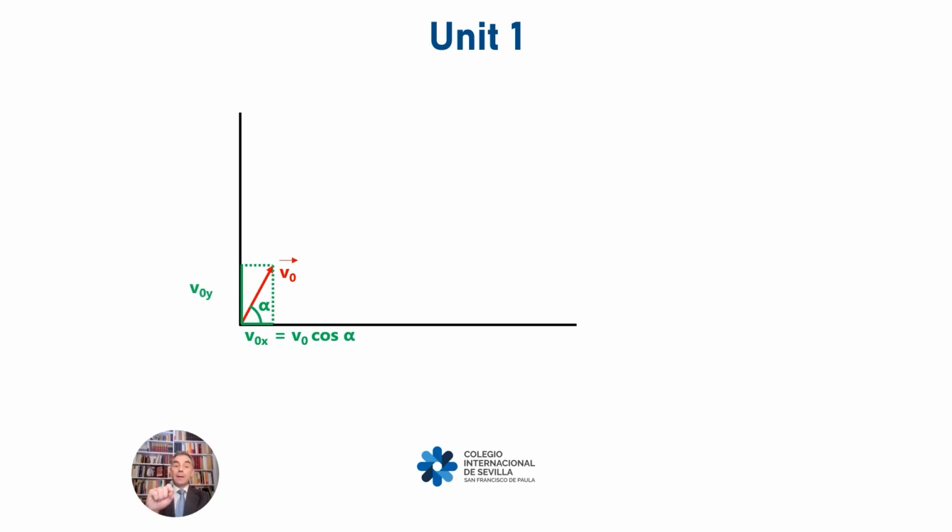And remember, we are speaking of the opposite side to the angle, so V0y equals the hypotenuse times the sine of the angle alpha. V0y equals V0 times sine of alpha. Right, so that's the initial velocity of our jet.